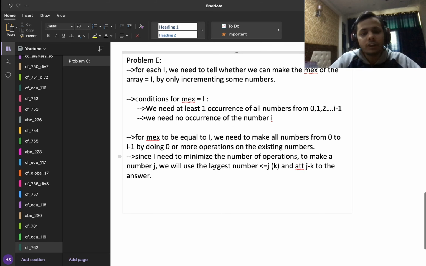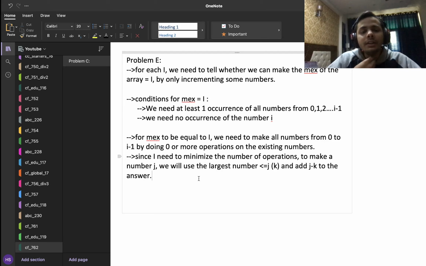So we will just follow this procedure for all the numbers from 0 to I minus 1, and then we will just add the count of I to our answer, so that I have removed all the occurrences of I, and that's it. That's my answer for I. But if I don't have any available number which is less than or equal to j for any j from 0 to I minus 1, then I can just say that the answer for that particular index is going to be minus 1, right?